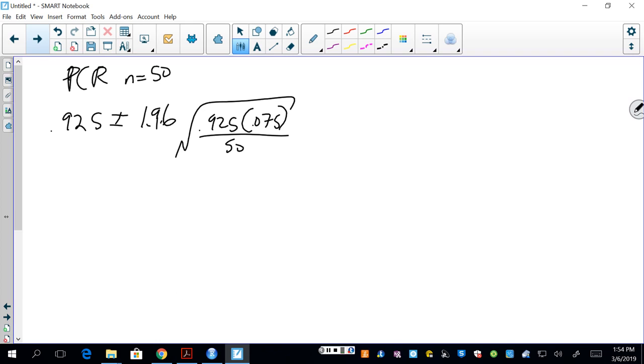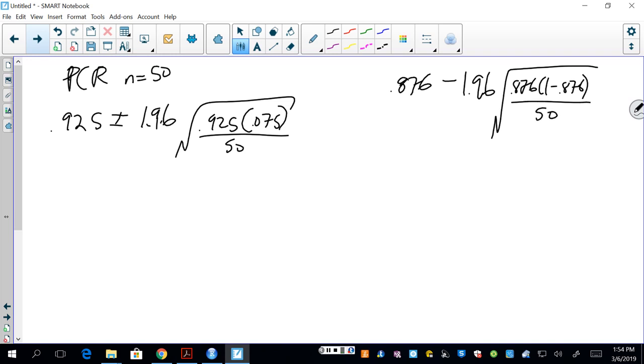I wrote 0.876 minus 1.96 times the square root of 0.876 times 1 minus 0.876, all over 50. I think if you don't take the square root, because with decimals, the square root makes it bigger, right?